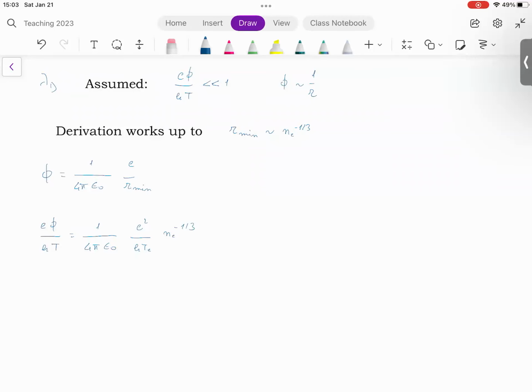Ouch, rather the plus 1/3, because I have 1 over R min. Sorry about that. Let me fix that. And when all is said and done, this is proportional to 1 over the plasma parameter to the 2/3.